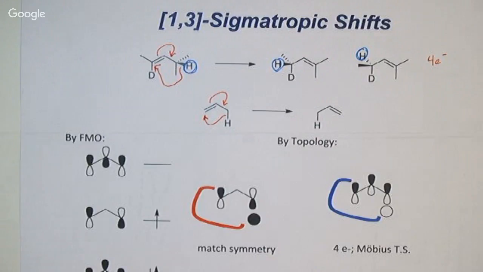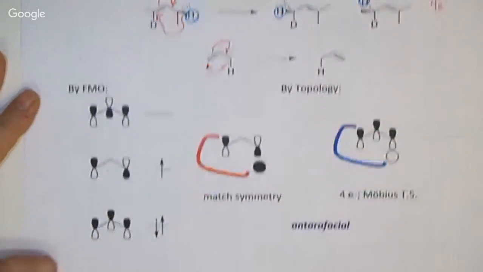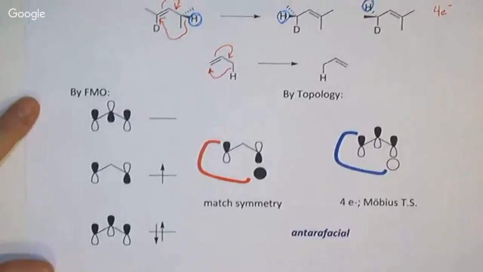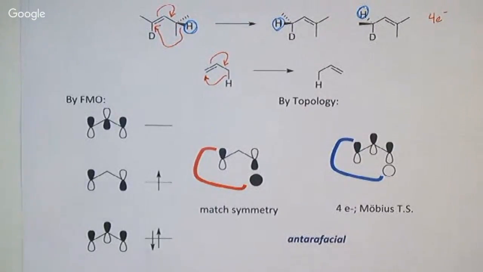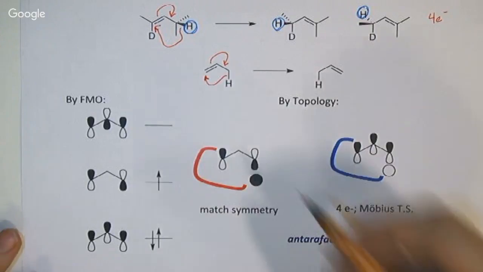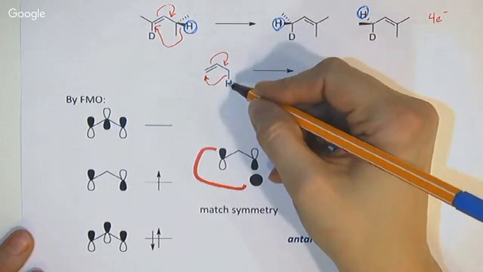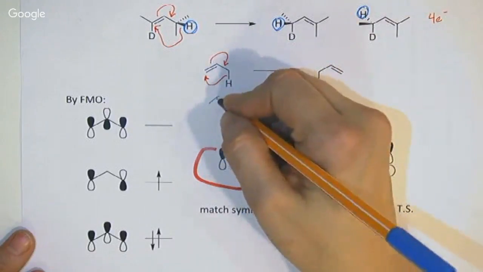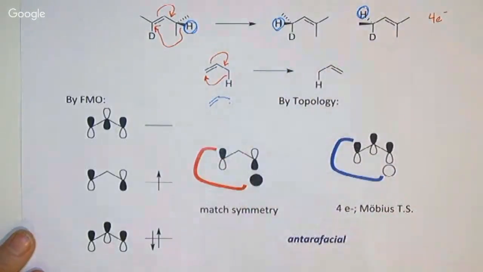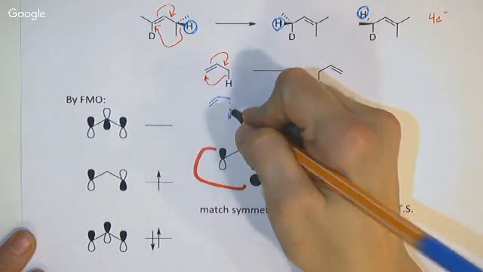If we think about the orbital symmetry and how this would otherwise occur, we could do this with the two easy methods that we've talked about. We could do it by frontier molecular orbital. What I want you to do when you think about these starting materials is to take this hydrogen and make it a really long bond, thinking that you've got a cyclopropenyl radical and then a hydrogen radical.